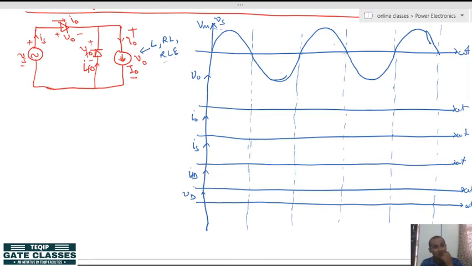Again I told you that there is no meaning to draw E here, because when the load current is flowing continuously, you will not see any E in the output. Only for the very first half cycle, in the starting only, the effect of E will be seen across the diode, and after that there will be no effect of E. Okay. So, let us start.